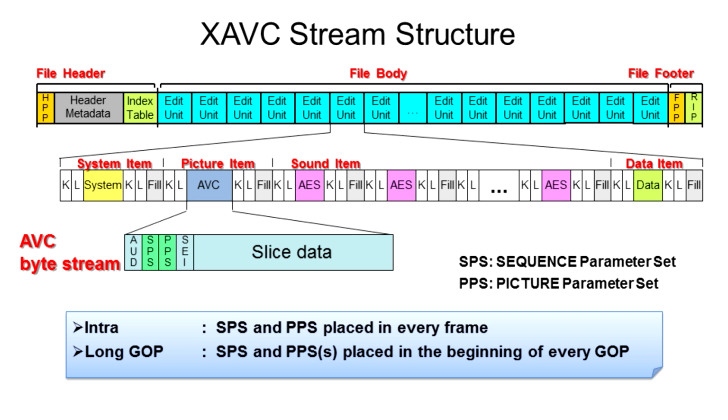Now, going a little bit deeper, I want to mention something that's very critical and important and unique to Sony in this regard. These edit units can be, as I said, intra-frame or inter-frame compression. And there are two flags, the sequence parameter set and picture parameter set, that are defined at the beginning of each one of these edit units.